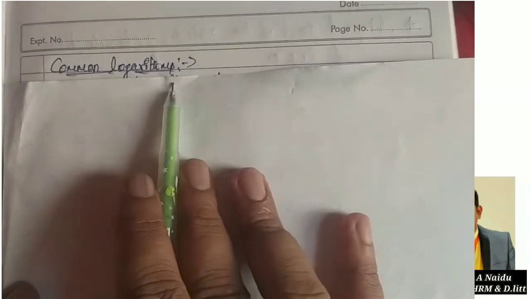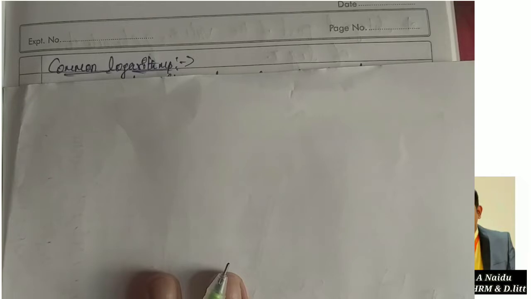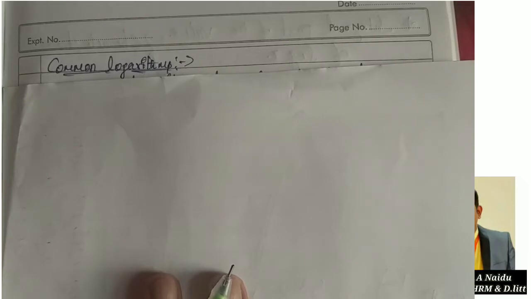Okay, so first you have to understand what is common logarithm. Common logarithm is the logarithm which has a base of 10. A very simple thing: the base must be 10. When the base is 10, we call it a common logarithm.